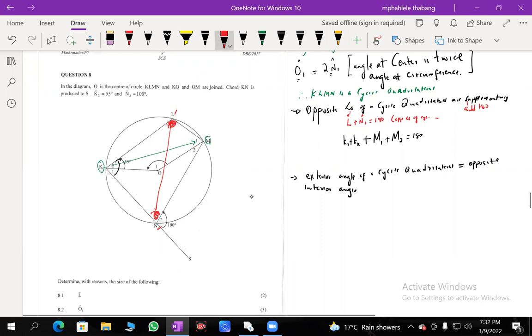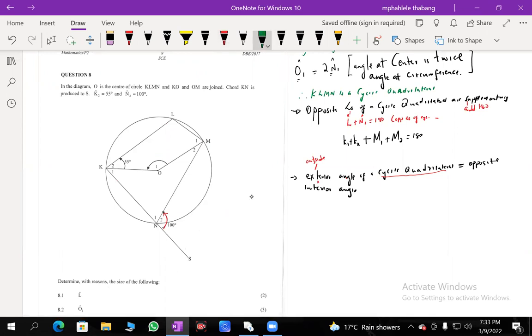When we say exterior, we simply mean the angle outside. So the angle outside the cyclic quadrilateral is equal to the opposite interior angle. If you look at angle N2 in this diagram, you can tell it is outside the cyclic quad.